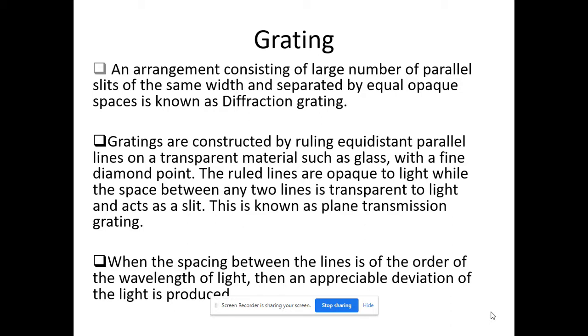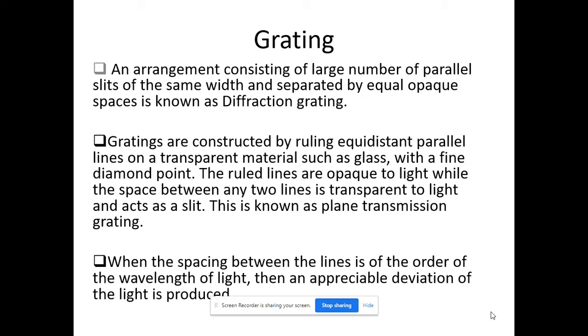With the use of a diamond point, we put the parallel lines by a machine, and wherever we rule lines on the transmission plate, the lines act like opaque space. However, the space between two opaque lines is still transparent, and forms a slit.